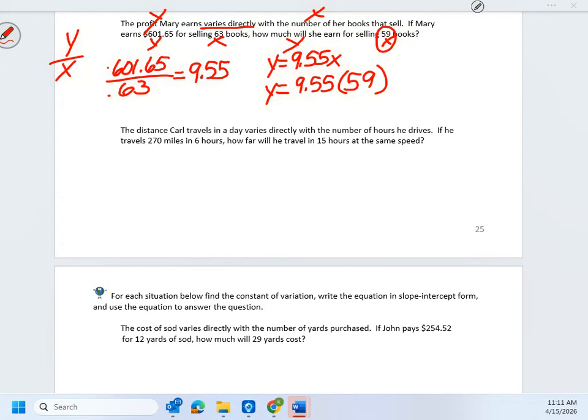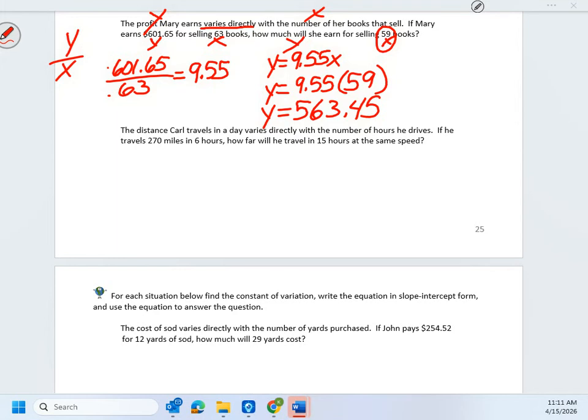No. When you're solving for the Y, you just straight up multiply. When you're solving for the X, you have to do the opposite operations and divide. But when you solve for the Y, we're just multiplying. So what is my Y? 563.45.